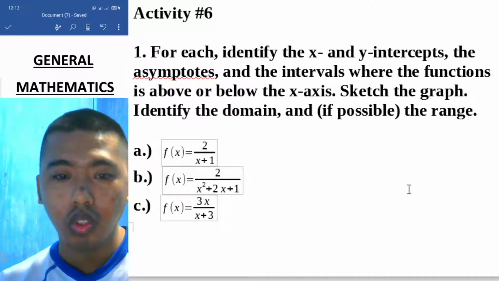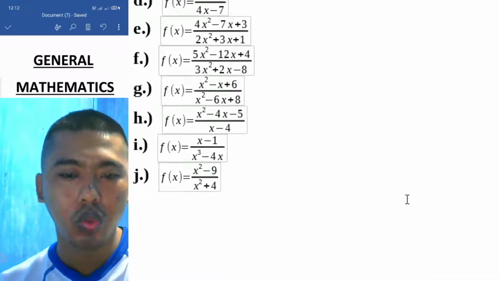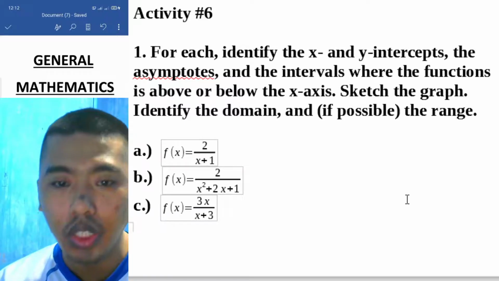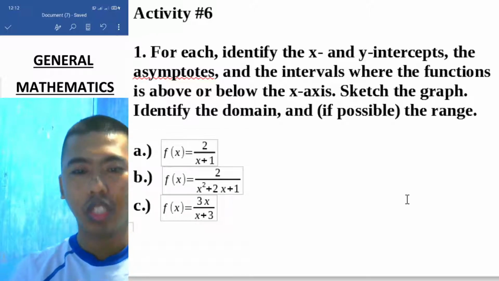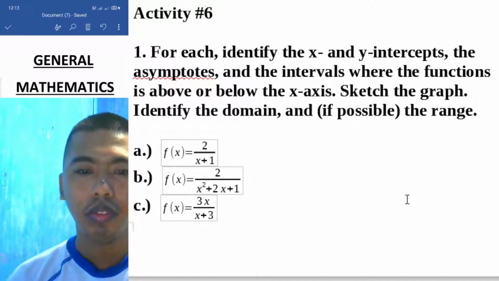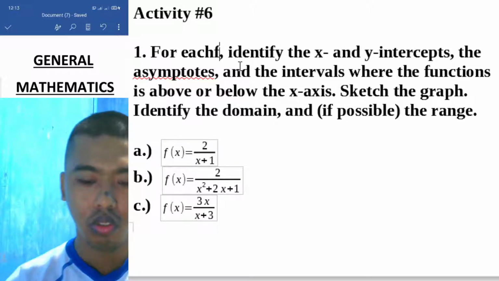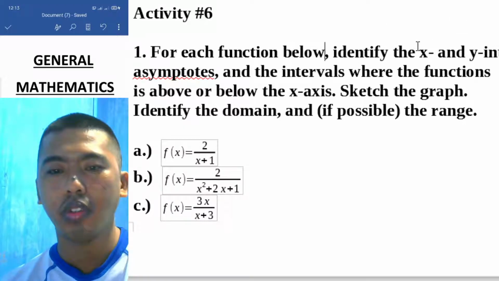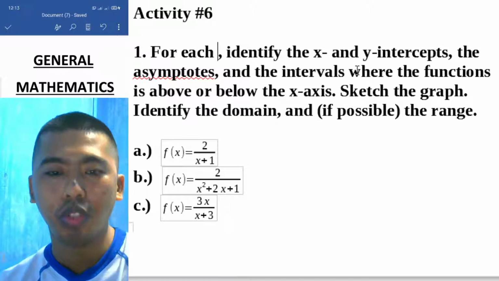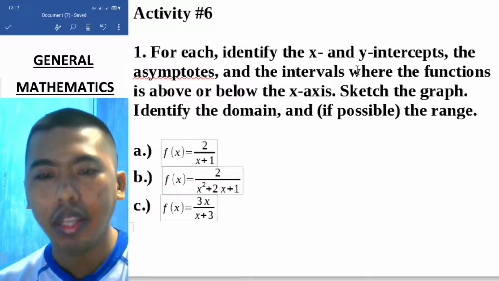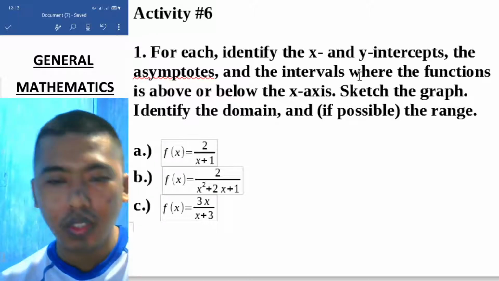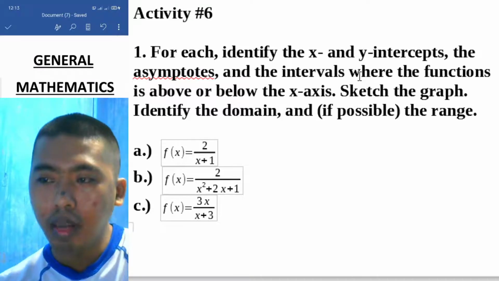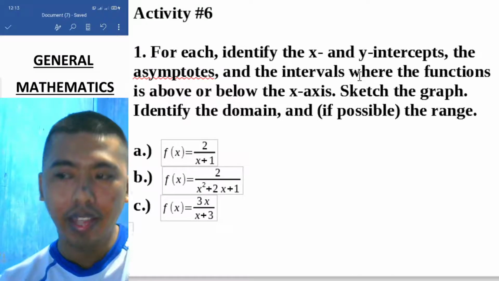So activity number 6, number 1, for each function below, identify the x and y intercepts, the asymptotes, and the intervals where the function is above or below the x-axis.